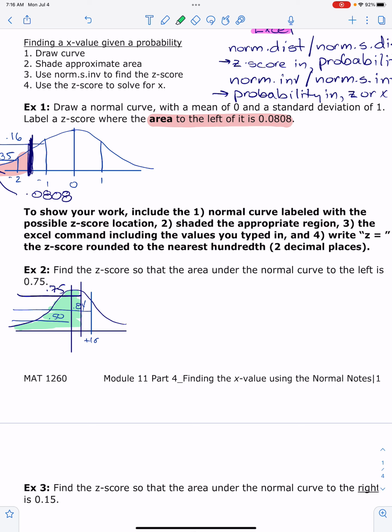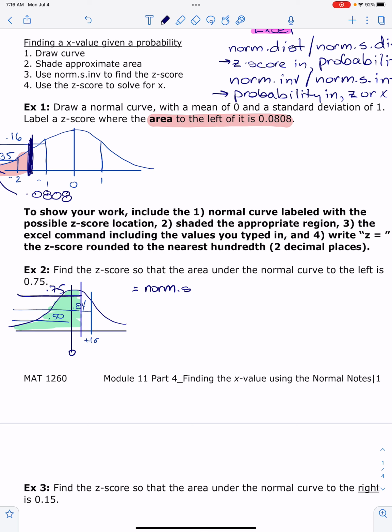So now we need the Excel command. This is our standardized normal curve, with a mean of 0 and a standard deviation of 1. Same as before, we start with norm.s, the standardized curve.